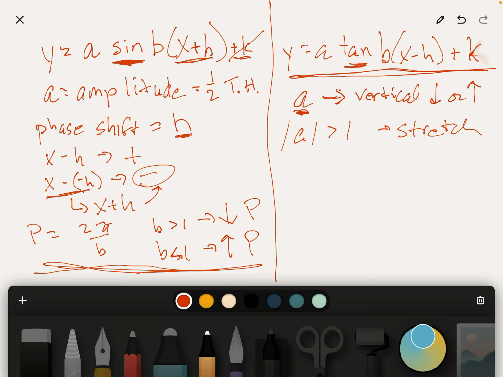And if the absolute value of A is less than 1, then you get shrinkage. So that's where it comes in. Now the question is, if you're just looking at the graph, how do you know if there's been a stretch or a shrinkage? The next video will address that question.